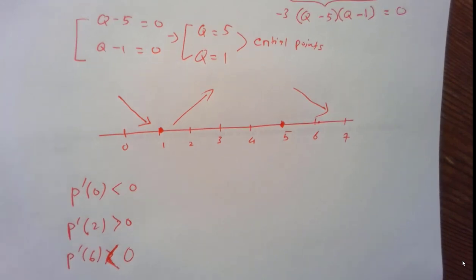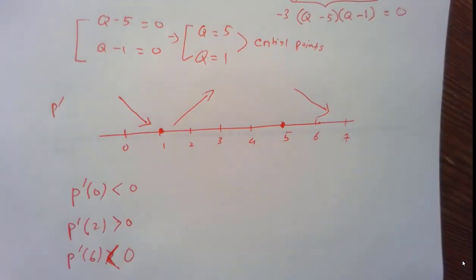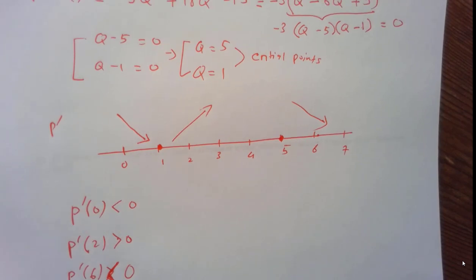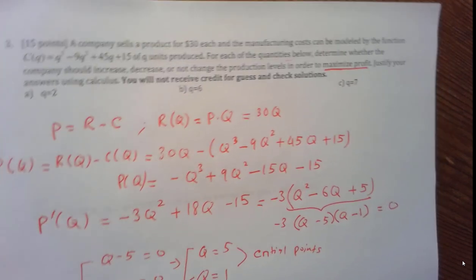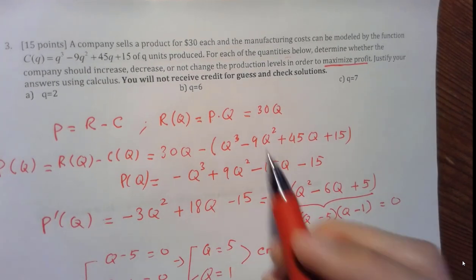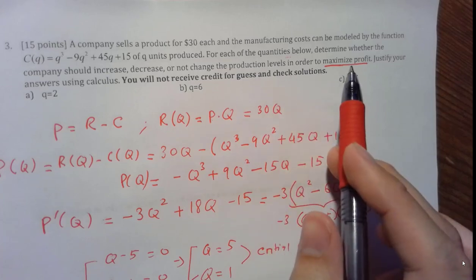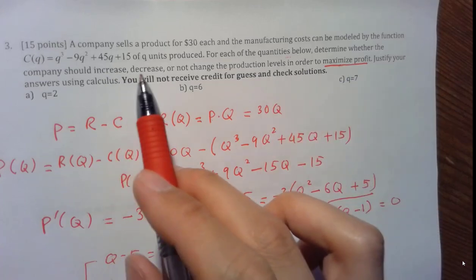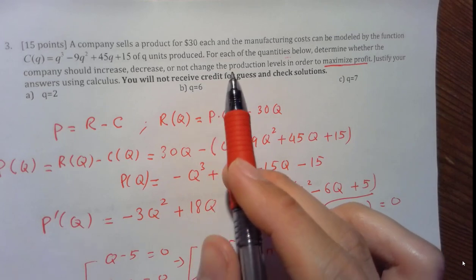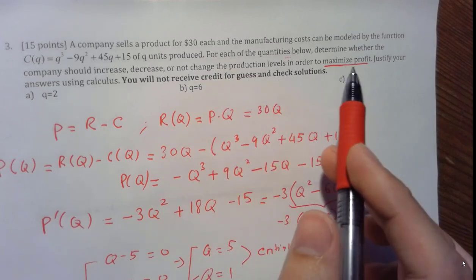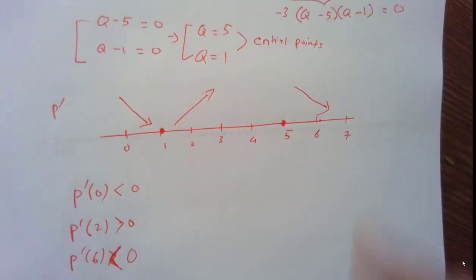Okay, so now after we do the testing for the P prime function, we can make the conclusion about the question here. They ask you how to maximize the profits. Should we increase, decrease, or not change the production levels in order to maximize the profits? And we are doing some testing right here.